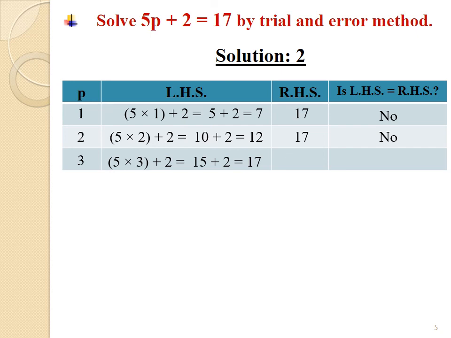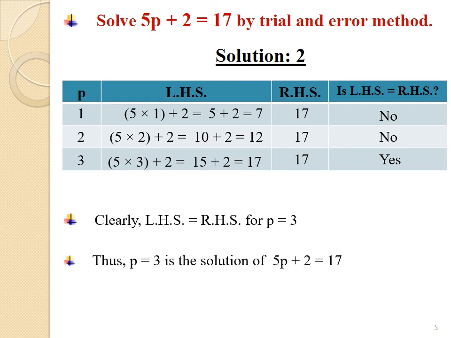Now let us write 17 in RHS column as 17 is given. Since LHS is equal to RHS, so we have to write yes in last column. Clearly LHS is equal to RHS for P equals 3. Thus P equals 3 is the solution of 5P plus 2 equals 17.